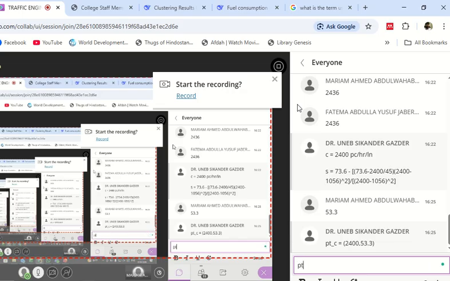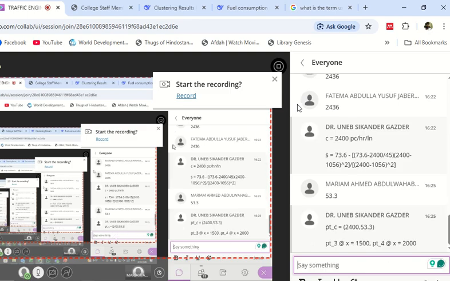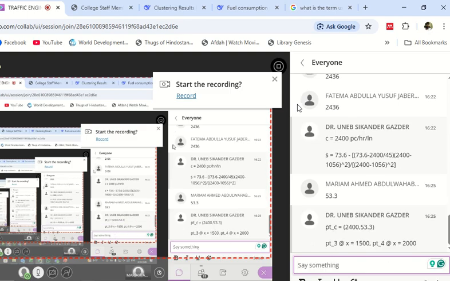My choice is, I'm choosing myself. Okay, I'll call it point 3, at X 1500, and point 4 at X 2000. Okay, this is my choice.